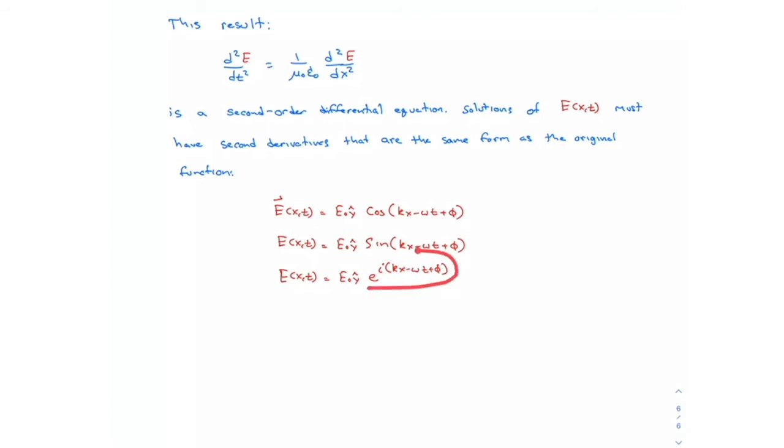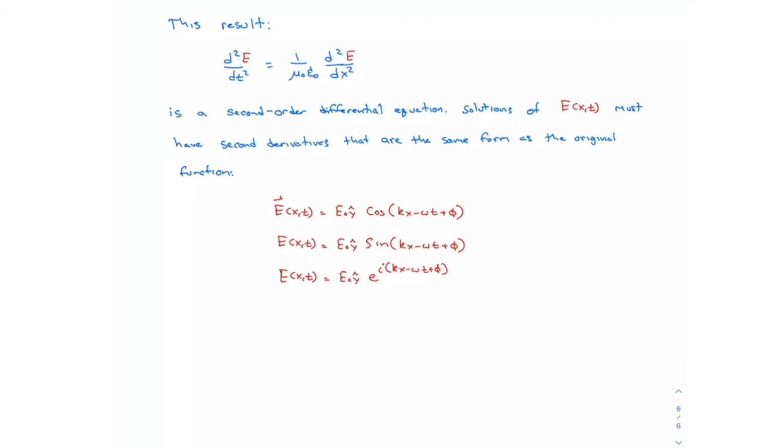So if we write an exponential function like this, I've just made this k and this omega imaginary and factored out the i, the imaginary root there. And if I do that, then we can think of this as like a phasor and this as the real part of that. So we can solve this second order differential equation for a phasor or for the time-dependent function that comes from that phasor.